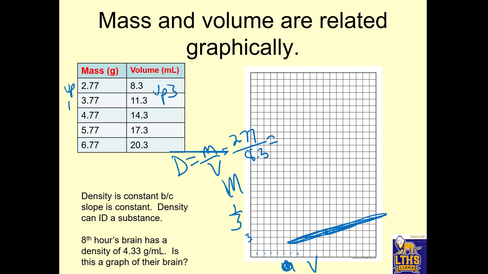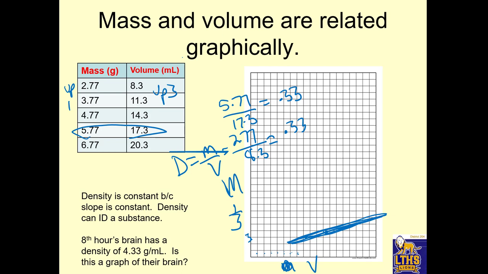I get a syntax error, so I'll do it again: 2.77 divided by 8.3, I get 0.33. If I did it for this one, 5.77 over 17.3, 5.77 divided by 17.3, I get the same 0.33. So that ratio is the same, which tells me the slope is the same.